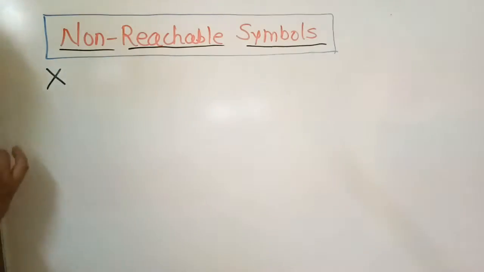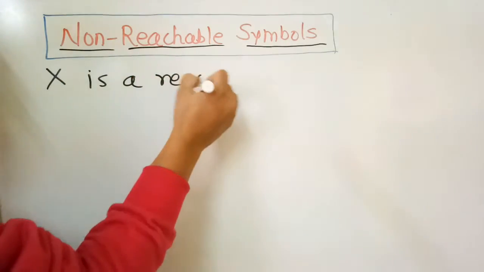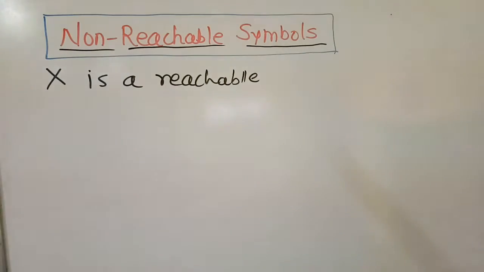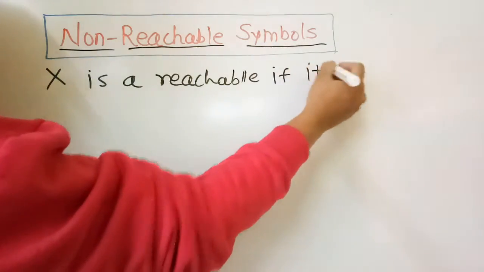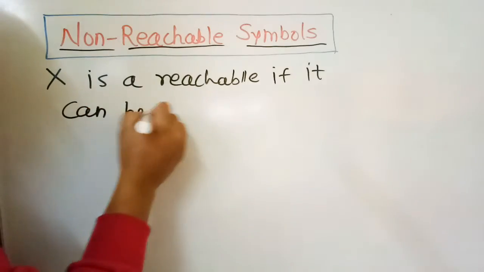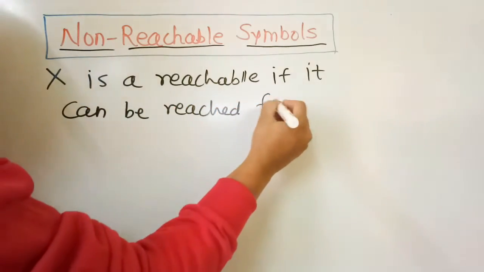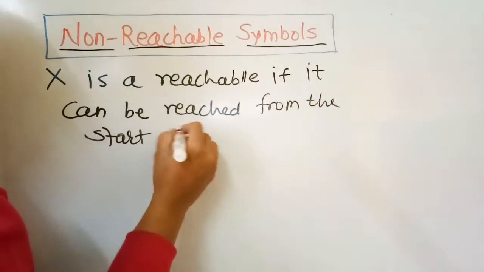For example, a symbol X is reachable if it can be reached from the start symbol.